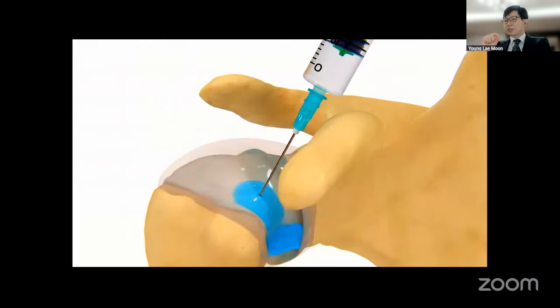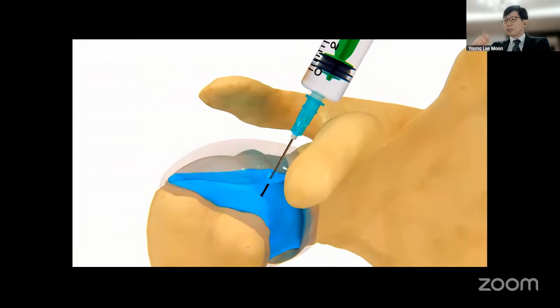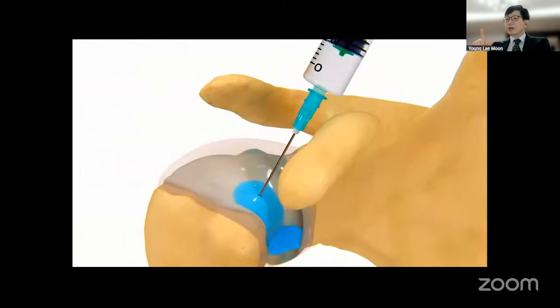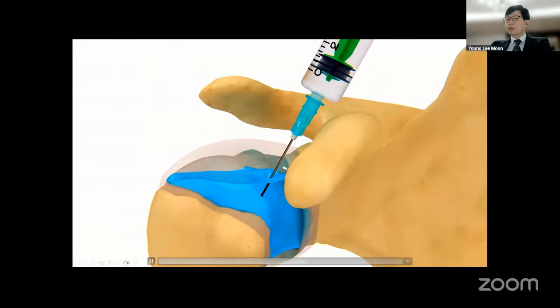If pain is immediately decreased after injection, we can confirm the injected structure is the primary source of pain, which greatly helps to establish a clear treatment direction.